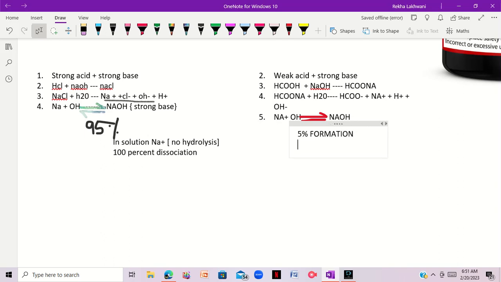Now we have another set of ions, which are these formate ions, and we have the H positive ions. When these formate negative ions combine with these H ions, they will form HCOOH.